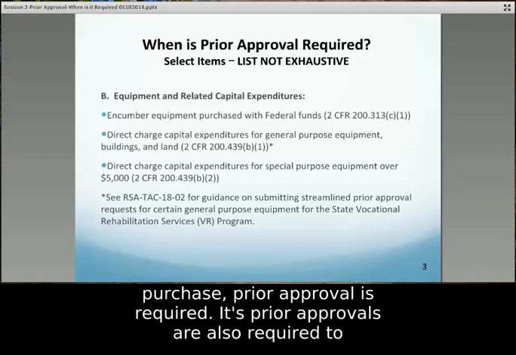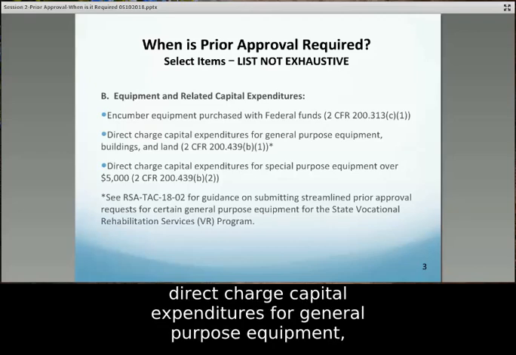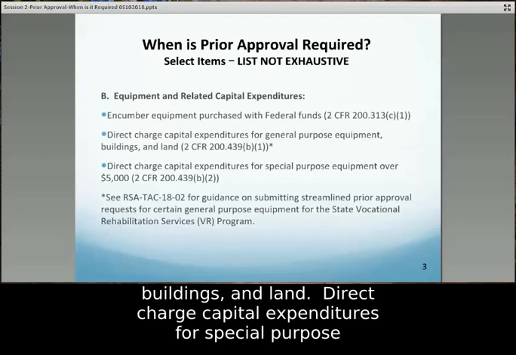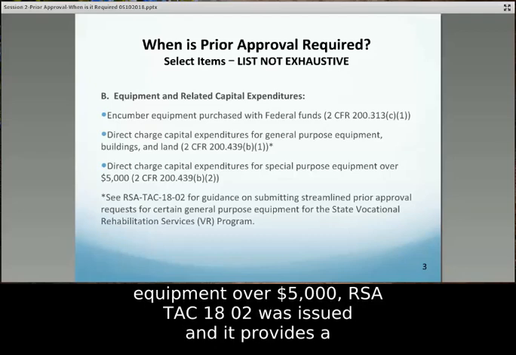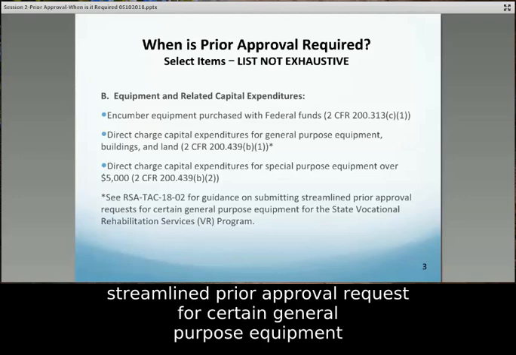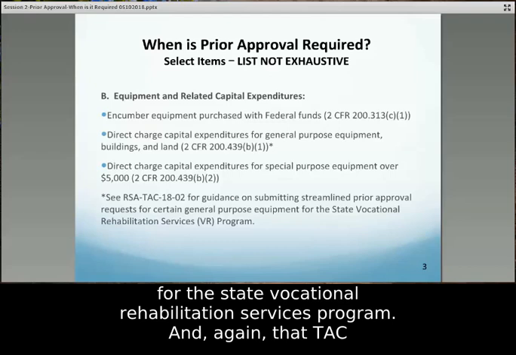Prior approval is also required to direct charge capital expenditures for general purpose equipment, buildings, and land, and to direct charge capital expenditures for special purpose equipment over $5,000. RSA-TAC-18-02 was issued, and it provides a streamlined prior approval request for certain general purpose equipment for the State Vocational Rehabilitation Services Program.